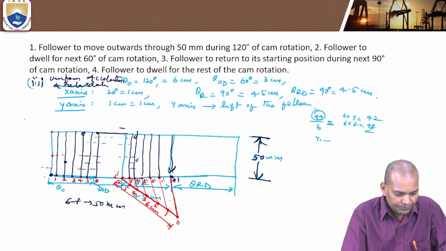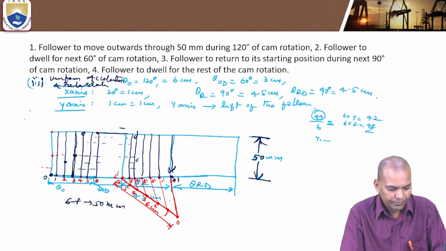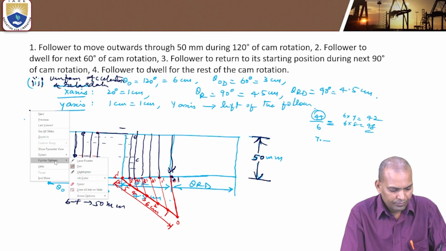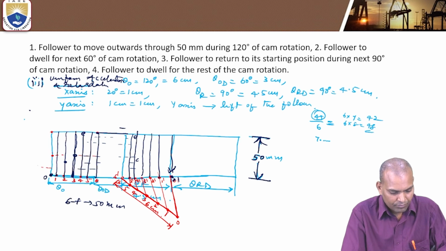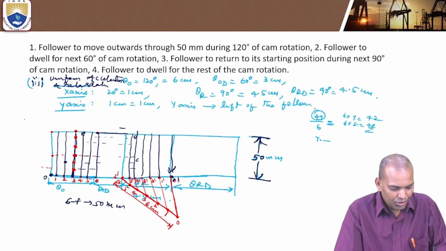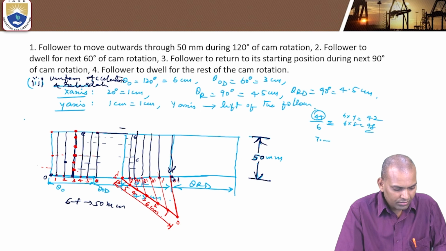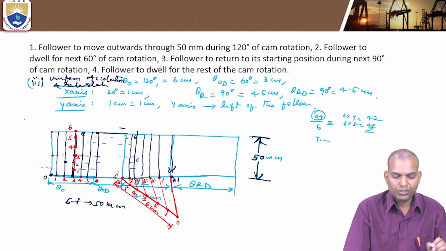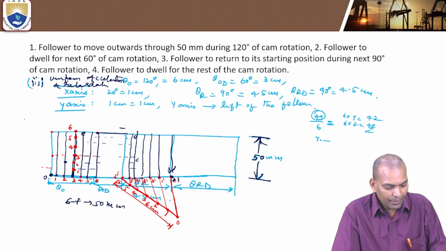How to do it? Divide the center 3 line into equal number of vertical parts. This is point 0 here, 1, 2, 3, 4, 5, 6.